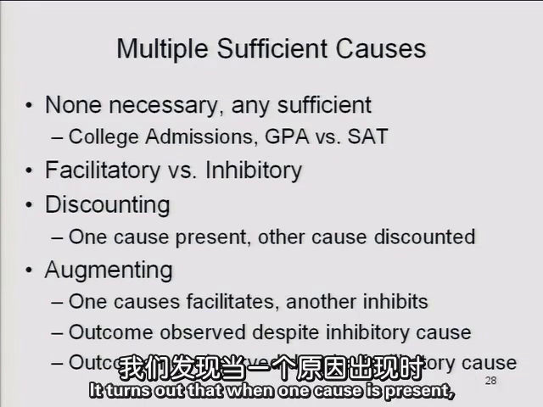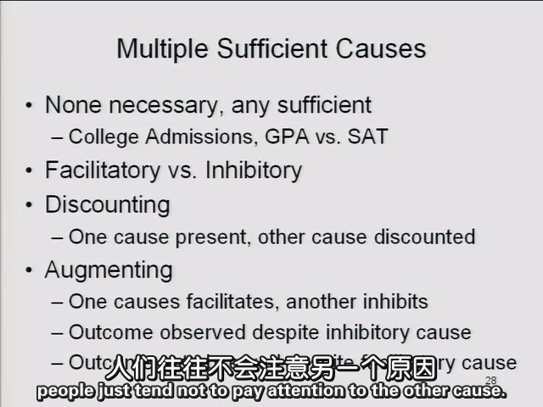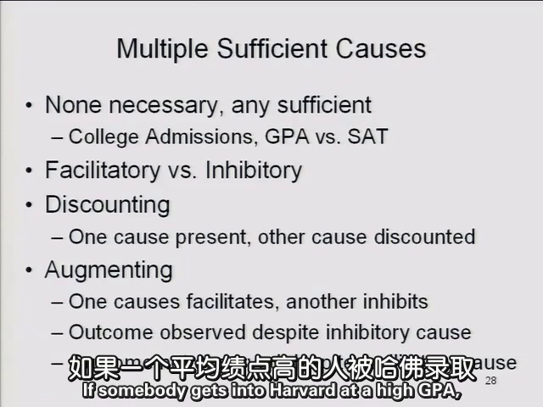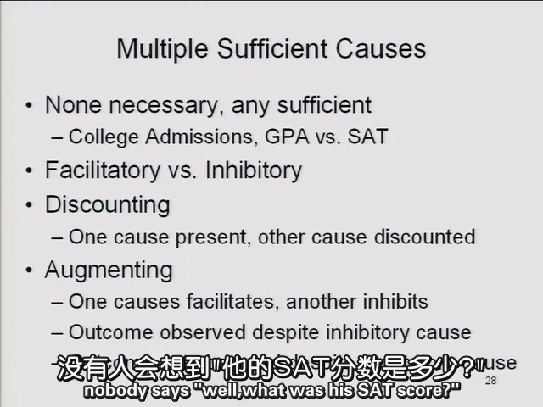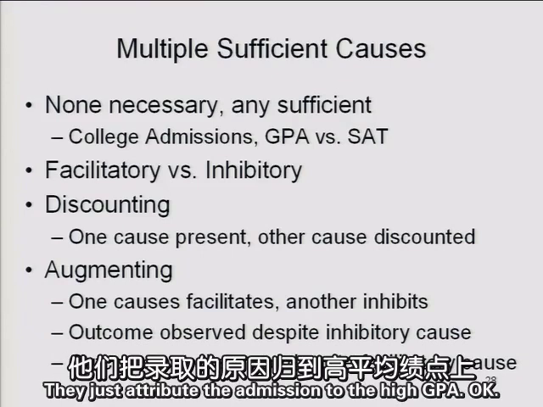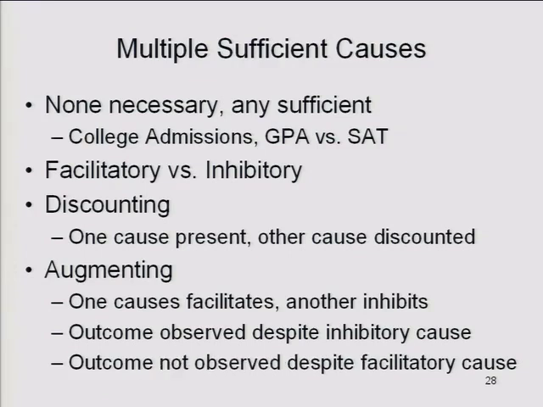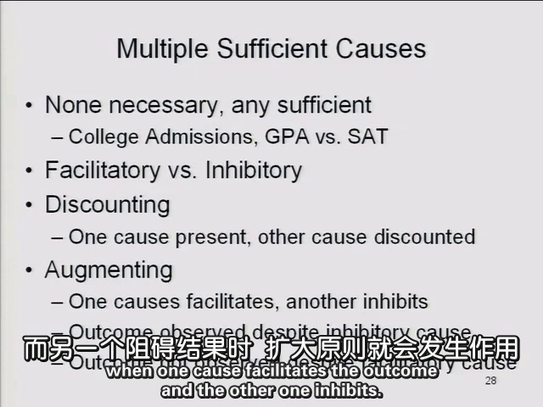Okay, so there's a discounting principle that goes on here. It turns out that when one cause is present, people just tend not to pay attention to the other cause. Okay, if somebody gets into Harvard and they had high GPA, nobody says, well, what was his SAT score? They just attribute the admission to the high GPA. Okay, but here there can be augmenting, when one cause facilitates the outcome and the other one inhibits.